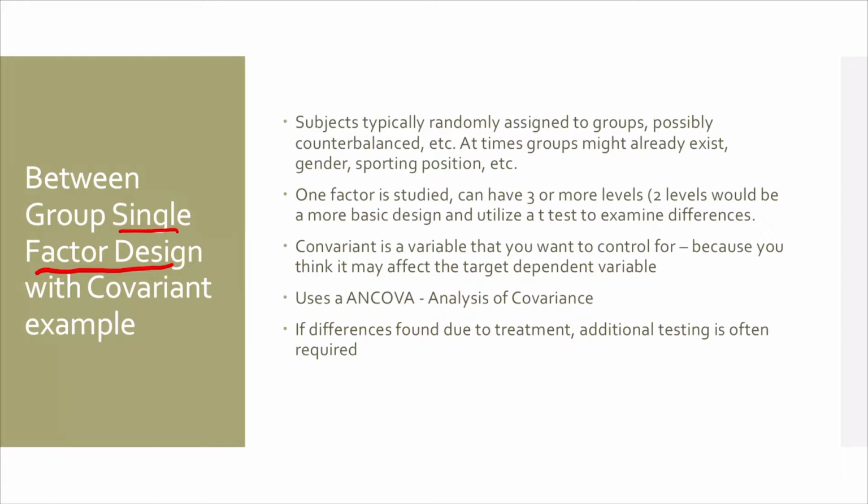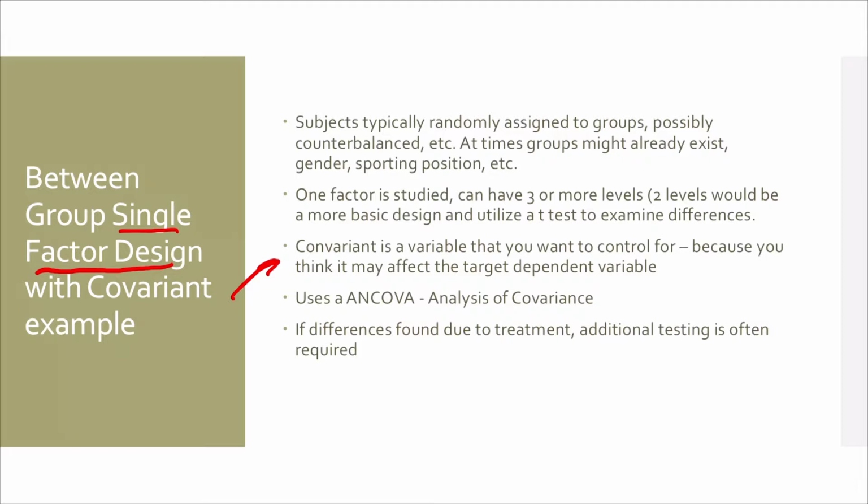What's different when we add in this covariate is that we've found, or we think there could be, a variable that could affect our data, but we want to control for it because you think it's going to affect the performance on a target variable. Often, the things that we want to control for could be things related to physical maturation, which could be age, right?